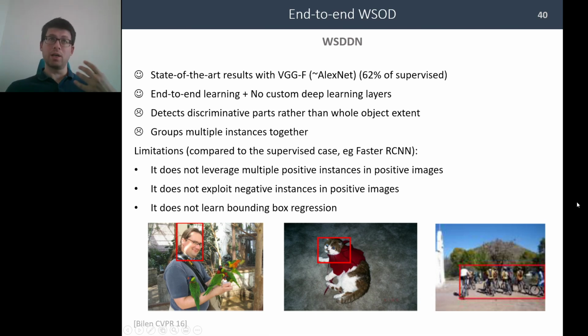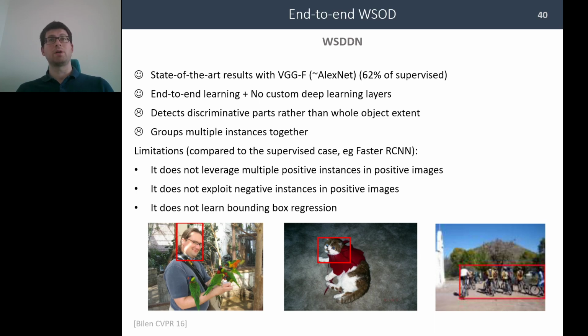If you look at the algorithmic limitations, again because of the softmax operation, it doesn't really leverage the positive instances in positive images much. It usually uses one or very few positive instances during training. Another limitation was that it doesn't exploit negative instances in the positive images.